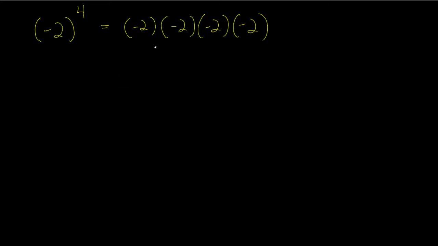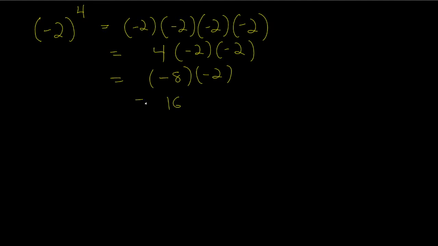So we know we're going to get a positive answer, so we can go negative 2 times negative 2 is positive 4. 4 times negative 2 is negative 8. And a negative times a negative is positive, so I get positive 16. But we can tell that because the exponent is going to tell me that I'm going to have this 4 times.